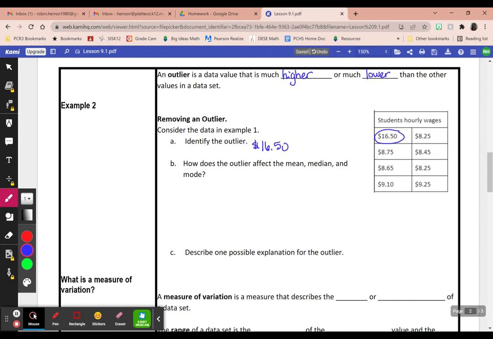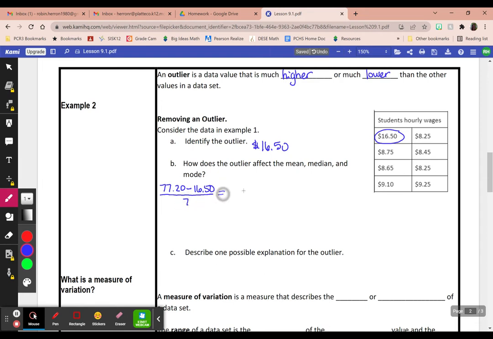How does the outlier affect the mean, median, and the mode? Okay, well, if I take out the outlier, we had 77.20 earlier, right? Minus 16.50. And then if you take it out, there would only be 7 data values.